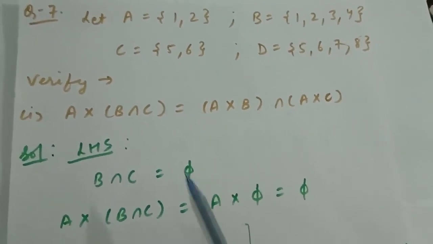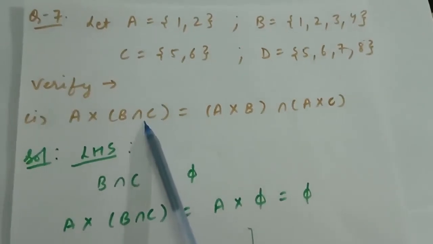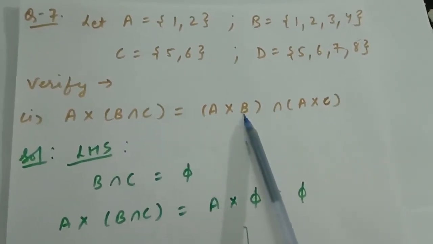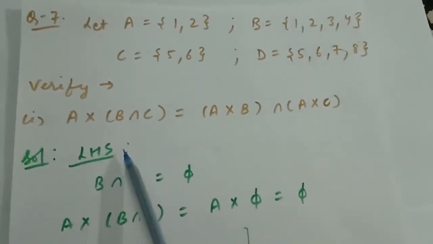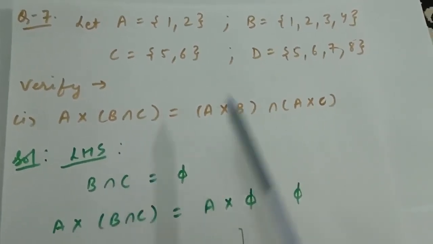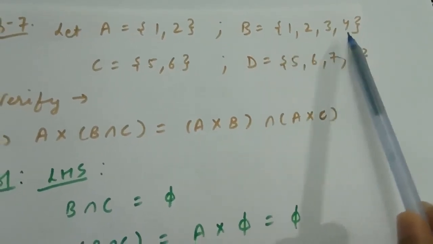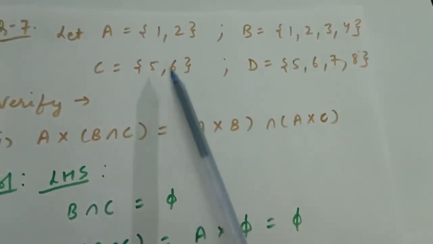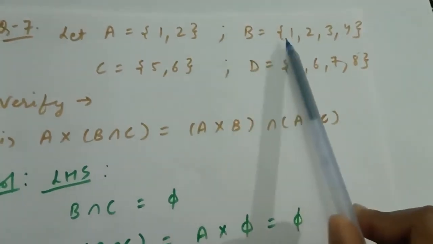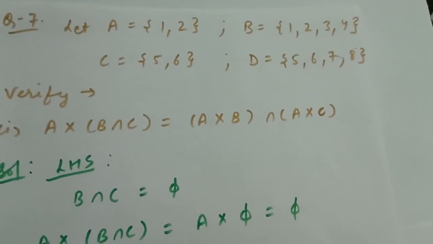So for this, first of all we will find the left hand side and then the right hand side. So I am taking now the left hand side, B intersection C. As you can see, B is {1, 2, 3, 4} and C is {5, 6}. So there is no element which is common in these two sets.